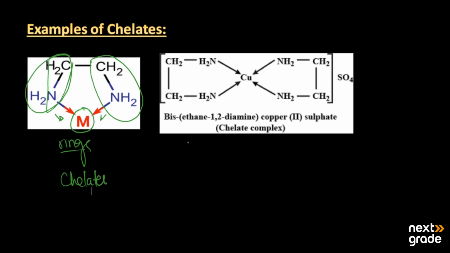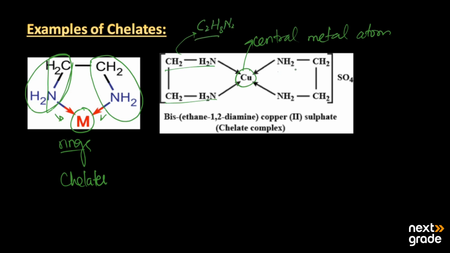In the second example, we have copper as the central metal atom, and it has bonding sites on both sides, NH2, CH2, NH2, and CH2. If we write that group, it is C2H8N2, and it is attached on both sides, providing bonding and making simple rings.